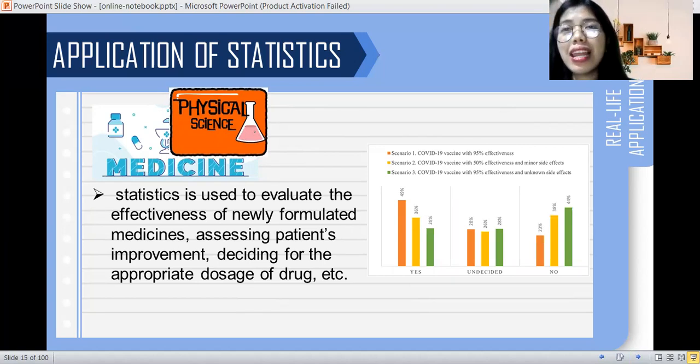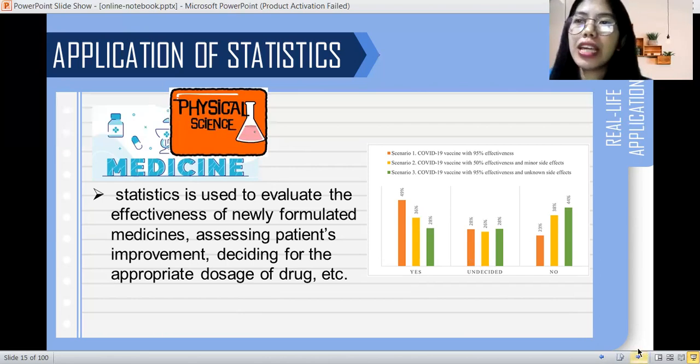So, nalalaman yan through the use of statistics. So, through many experiments and studies, of course, they can also come up with different medicines na magagamit para sa mga may sakit na pasyente. Okay, so yun po yung application ng statistics sa medicine and physical sciences.